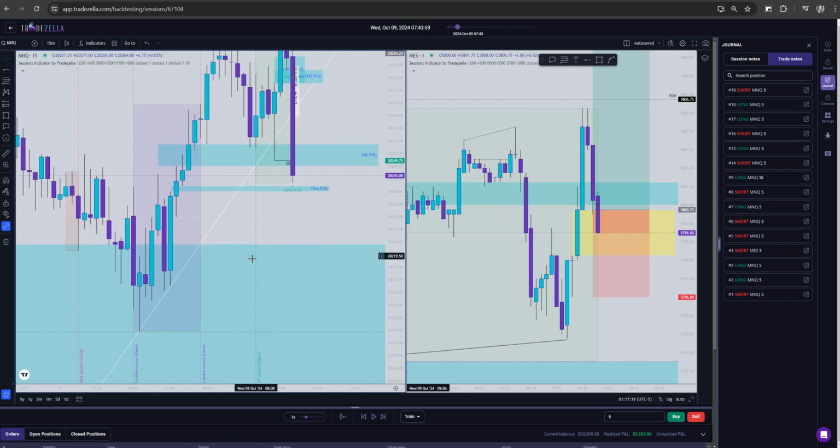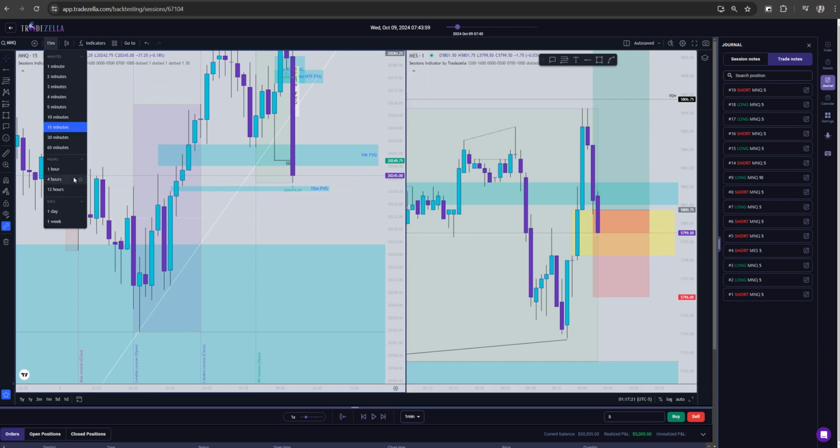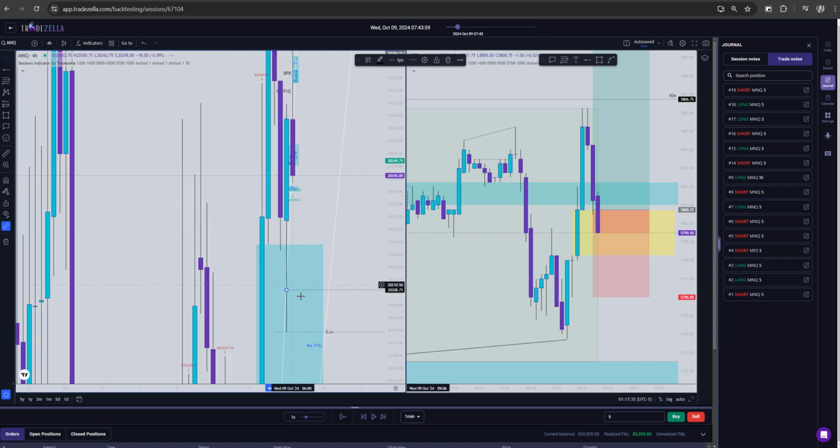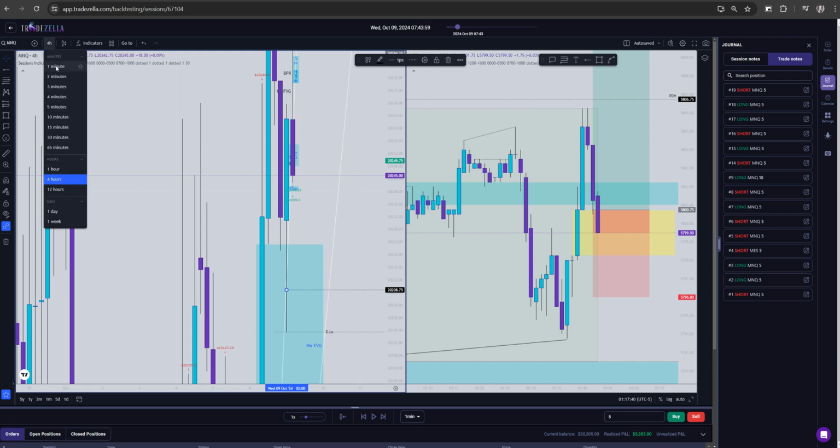But if it does, let's take a look at the 1 hour. My target 1 would be right there, and then target 2 with the 4 hour swing, the previous day low. Okay, see what it does.